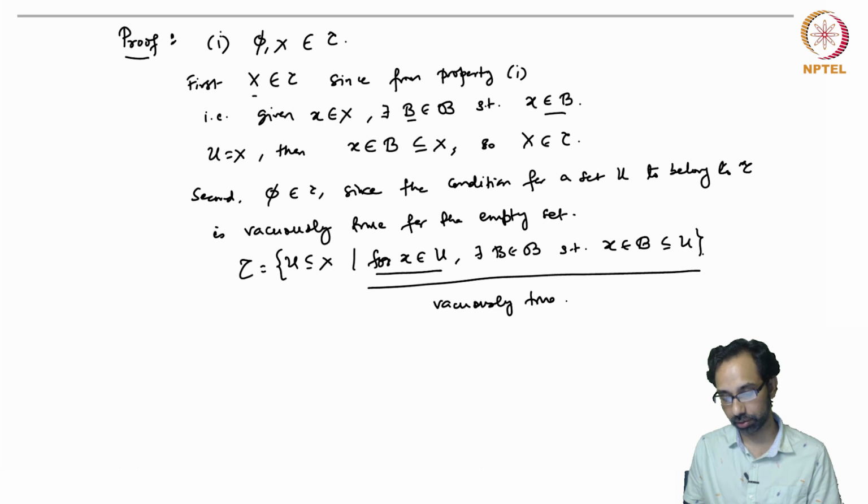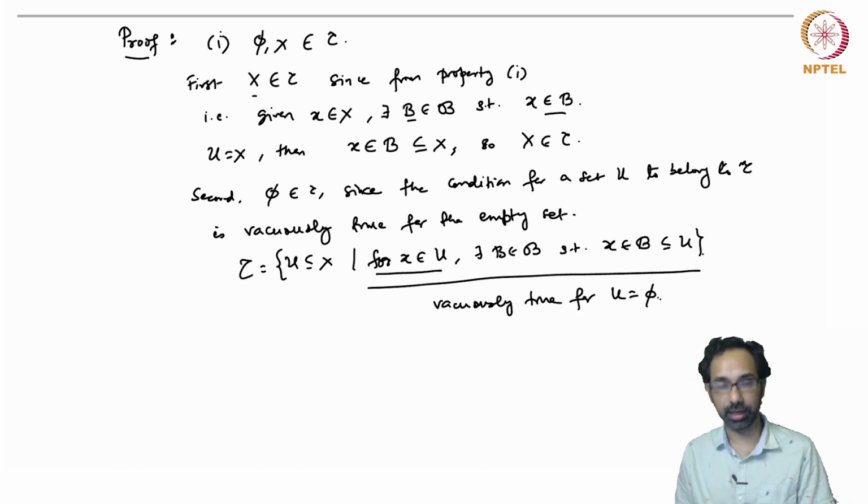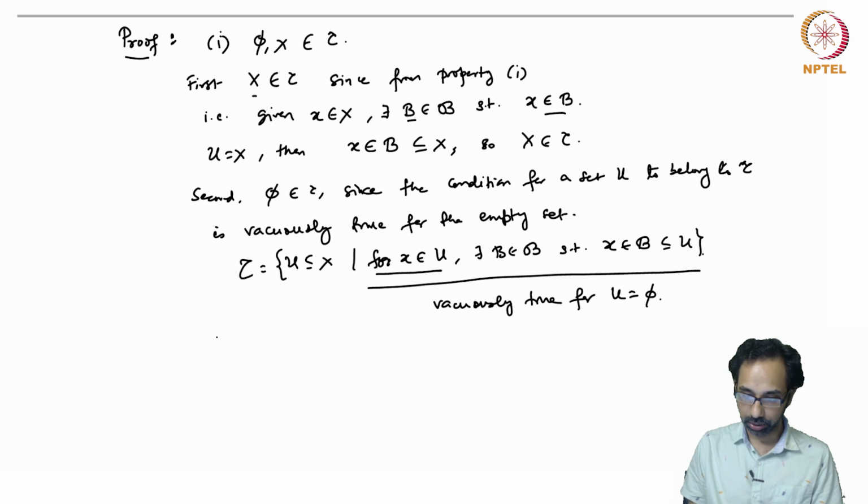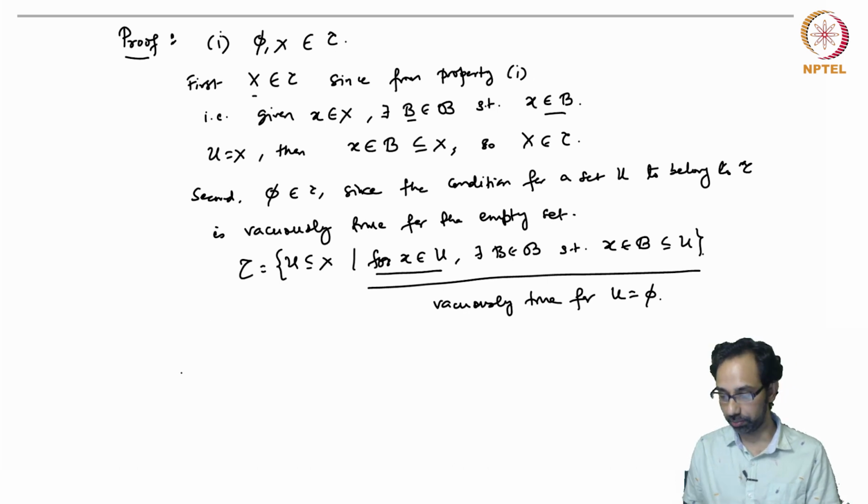Because there are no elements in this set, so this property holds vacuously. So this implies that the empty set is in tau.